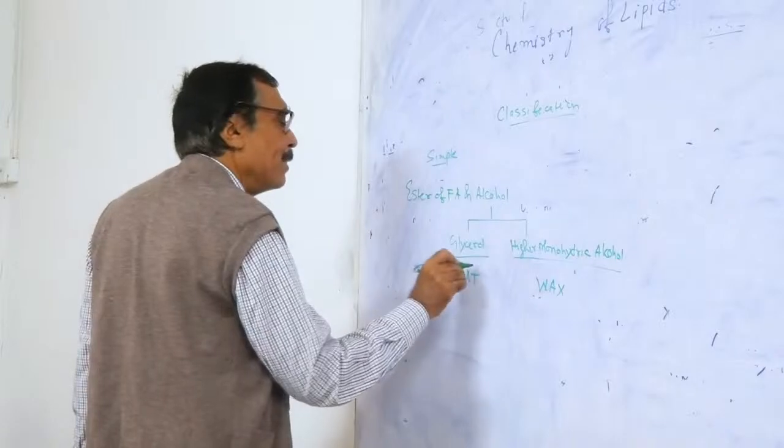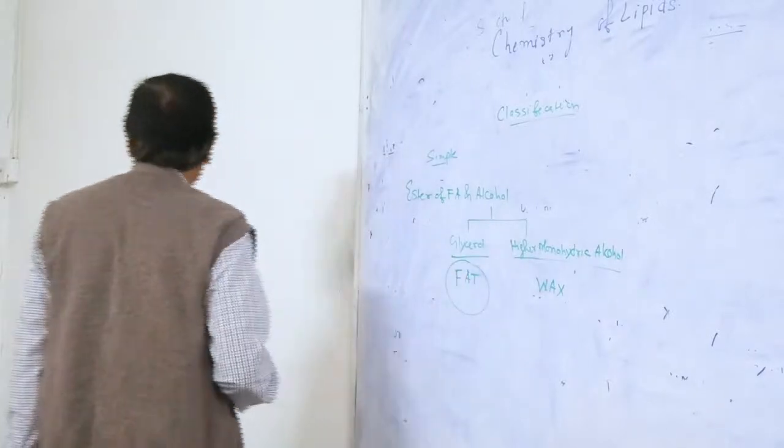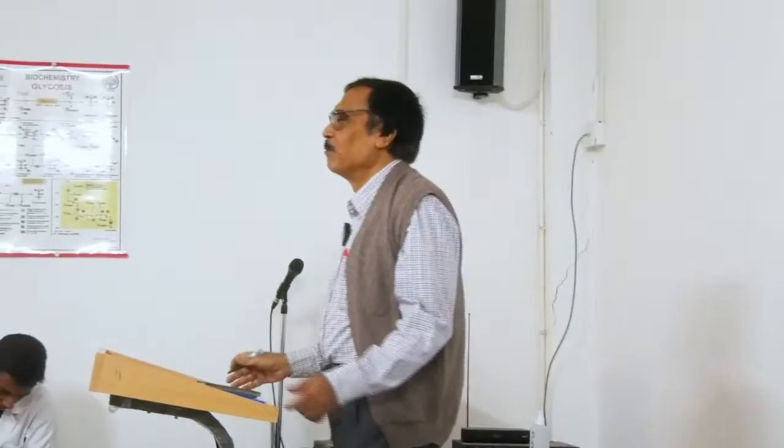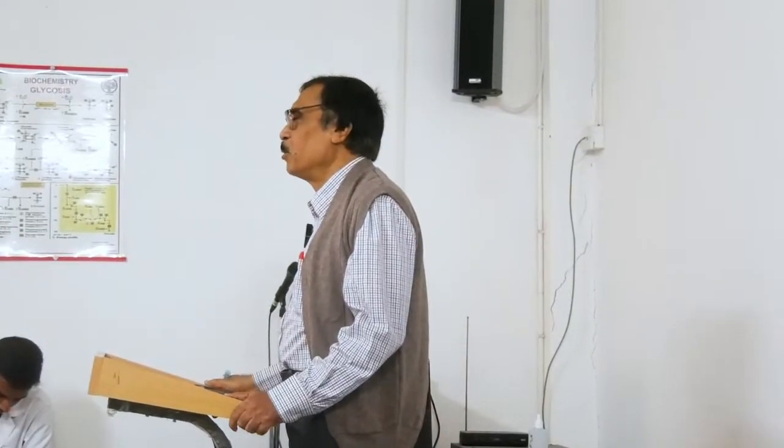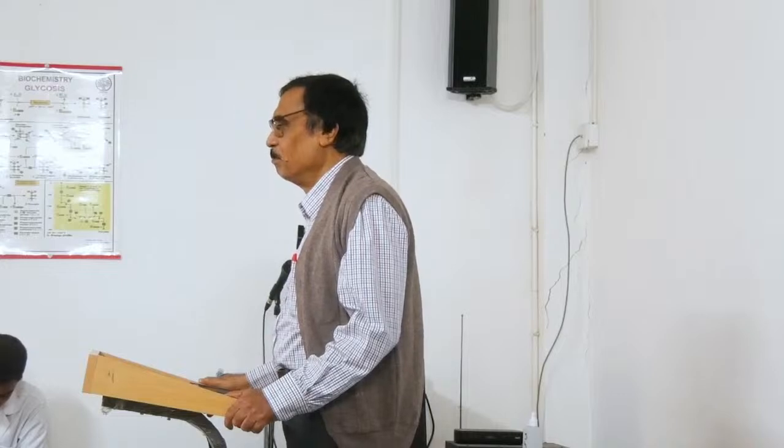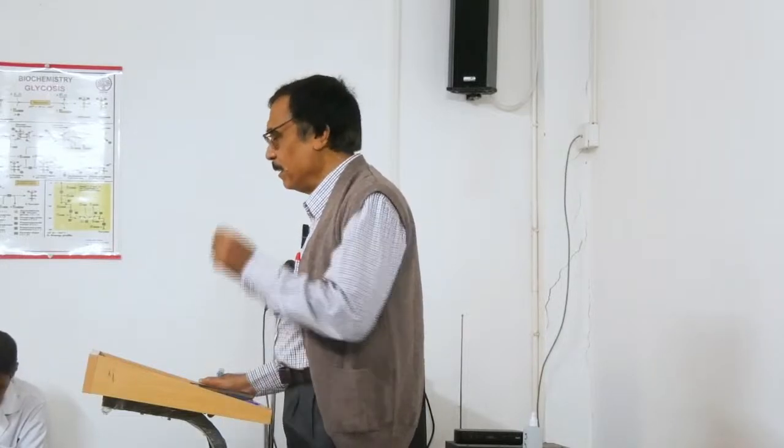We are concerned with fat. We are concerned mainly with fat. Much more concerned. Fat is the glycerol plus fatty acid. Smaller portion is the glycerol, but larger portion is the fatty acid.